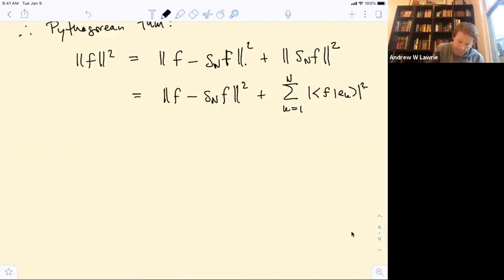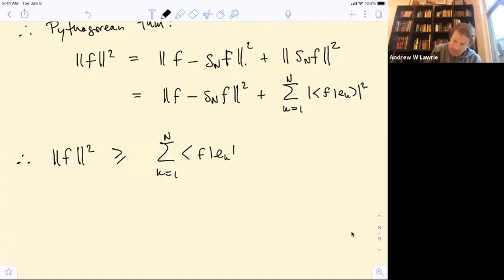And therefore, norm of f squared is bigger than or equal to the sum from k equals 1 to n of f paired with e_k squared.